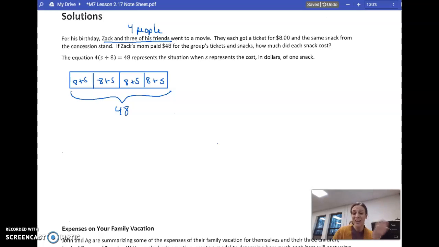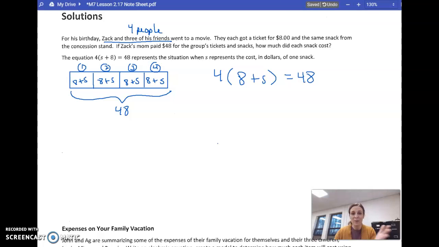So we can change this to more algebraic thinking. We don't necessarily have to do a tape diagram, but we want to realize that there's 1, 2, 3, 4 people that are each getting a ticket for $8 plus a snack. And altogether, it's going to equal $48. So this is the algebraic version of this tape diagram.